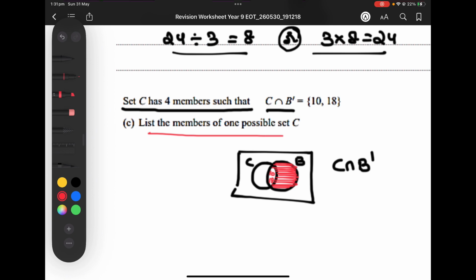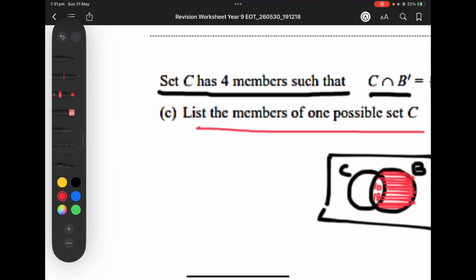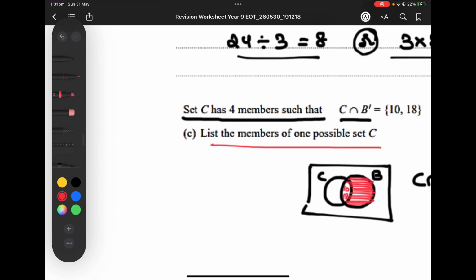List the members of one possible set C. Okay, so here what would be the terms? There are 4 terms in here. Some of the terms are 10 and 18, which are already there in C. Apart from that, there are other terms also.